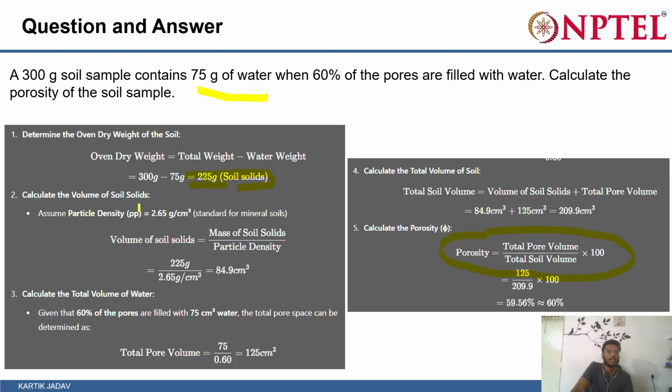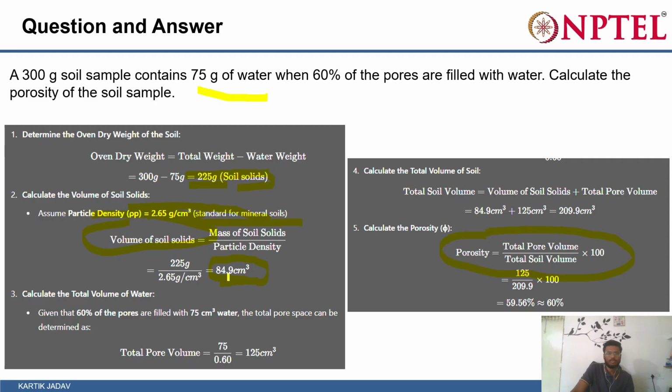Let's calculate the volume of solids. We know that the particle density of any mineral soil is 2.65 gram per cc. That is a standard, and by considering this, we can calculate the volume of solids, which is around 84.9 cubic centimeter.